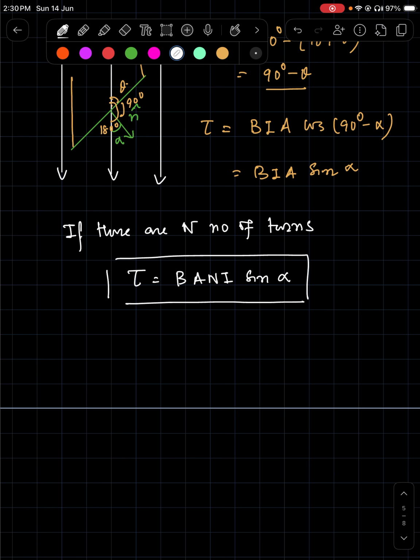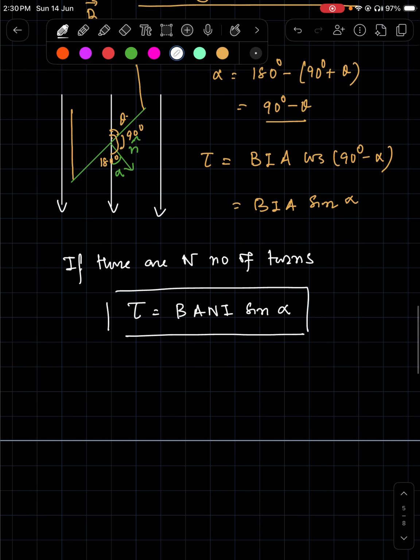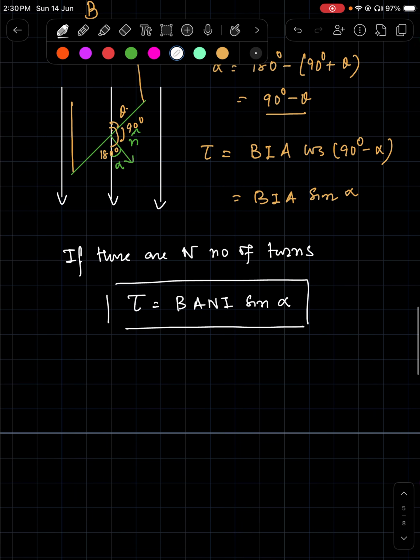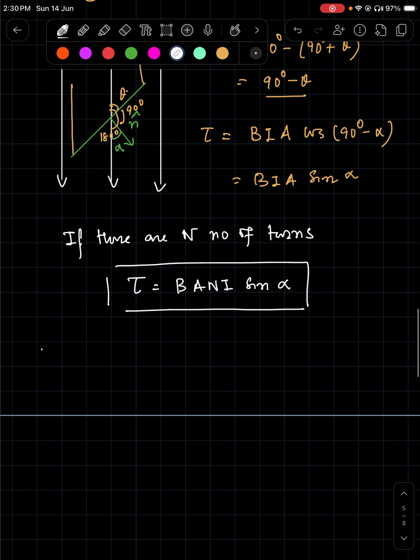But now we have to introduce another quantity in this picture, which is called the magnetic dipole moment. The magnetic dipole moment is defined as vector m. It is a vector quantity. It is defined as I into the area vector.